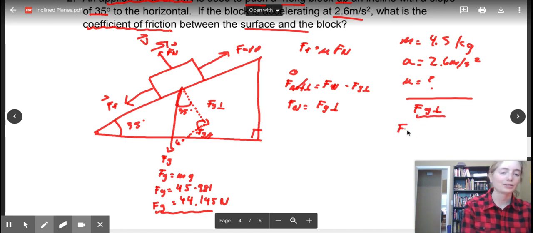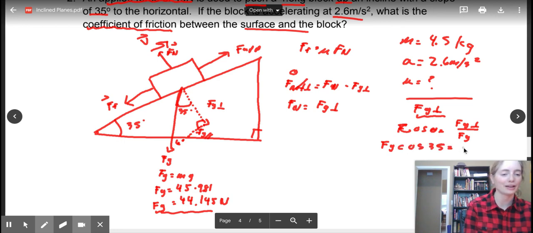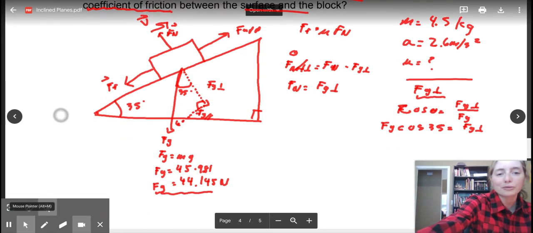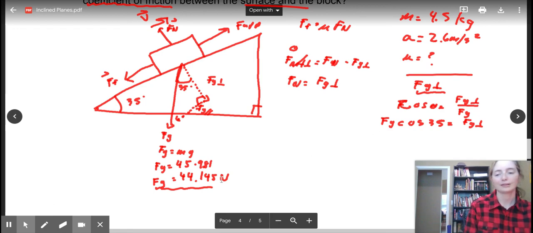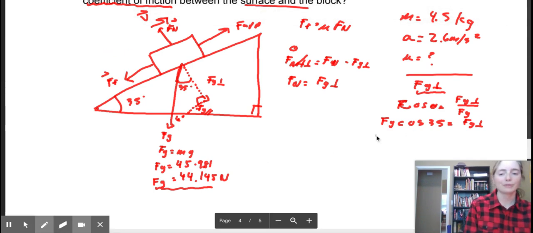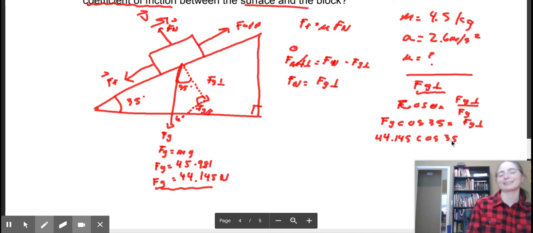My cosine of theta is adjacent over hypotenuse, so it is Fg perpendicular over straight old Fg. When I rearrange this, my Fg times cosine of 35 is going to be my Fg perpendicular. So it is 44.145 times cosine of 35, making sure your calculators are in degrees.